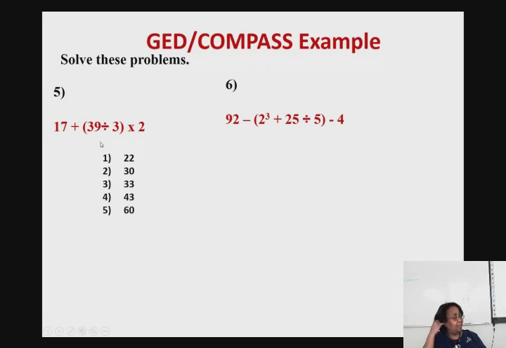Plus 17. 13 times 2 is 26 plus 17 is 43. You should get 43. So don't do 17 plus 13. You need to do 13 times 2 first, then add the 17. Otherwise, you're going to get a different answer. Okay, so try number 6.